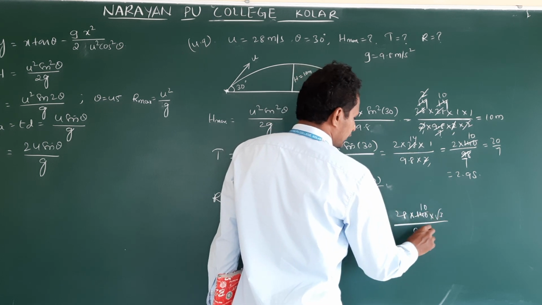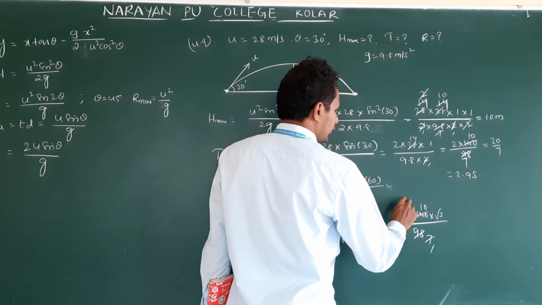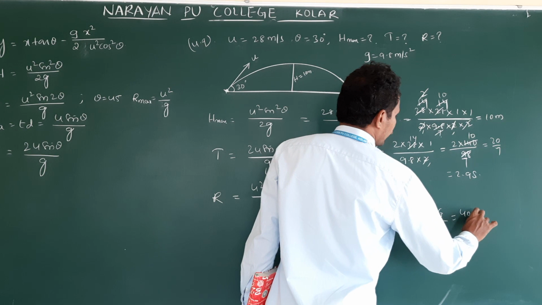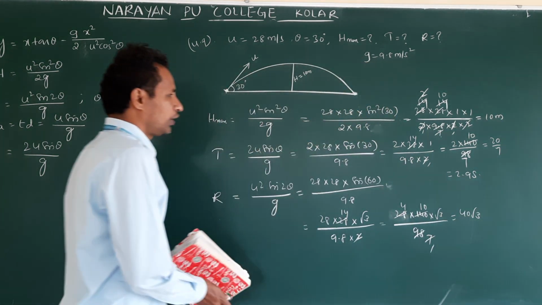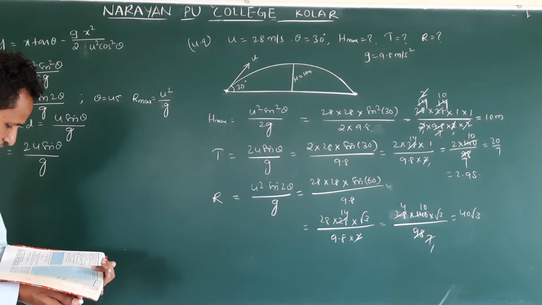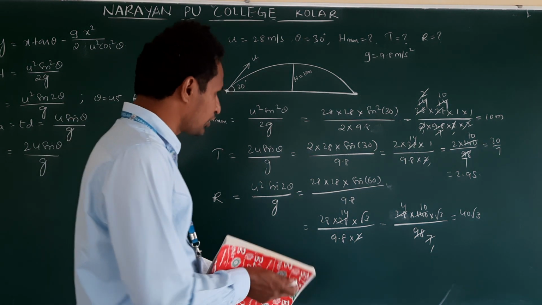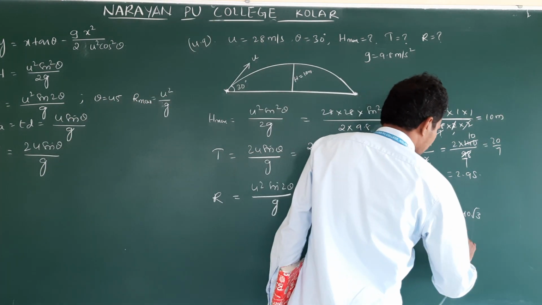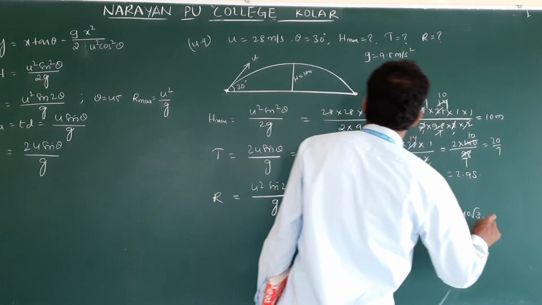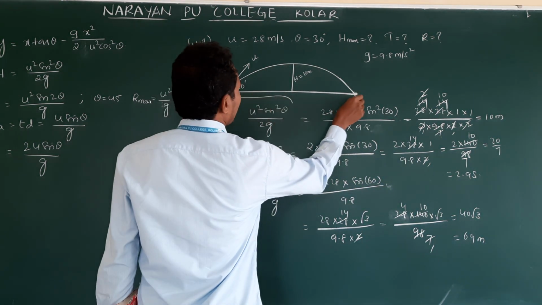Same, 14 tens 140, 14 sevens 98, 7 ones, 7 fours, 40 root 3. Okay, 40 root 3, the value is nearly equal to 69. This is equal to 69 meters. So this is the R value.